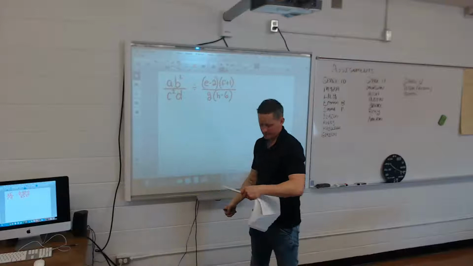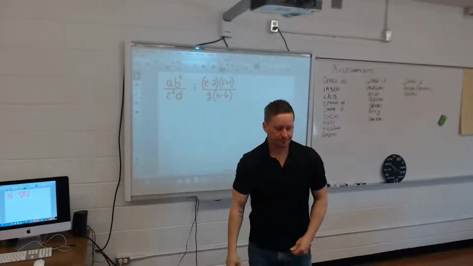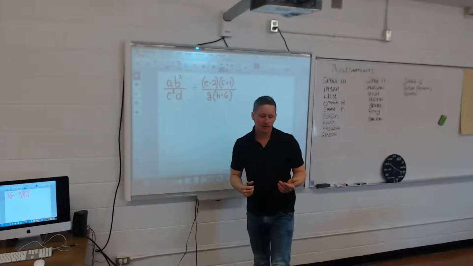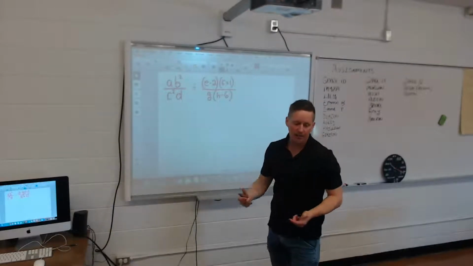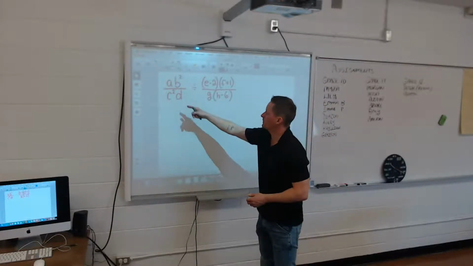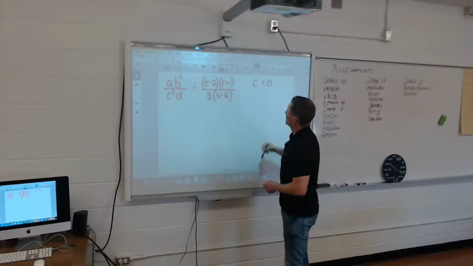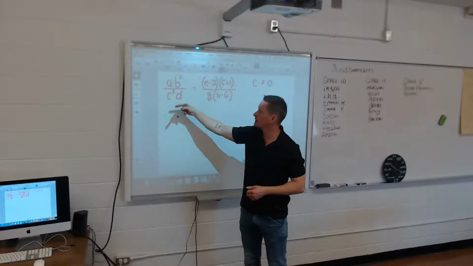All right. So what we are looking at in this is, first things first, what can the variables not equal? So I look at my denominators, and I start with them. Well, I see that C can't equal 0. Makes sense, can't be a 0 down there.